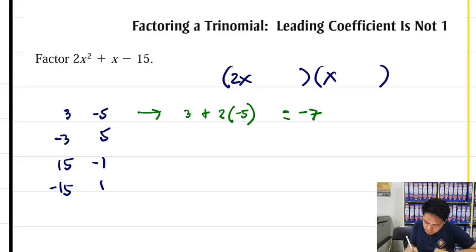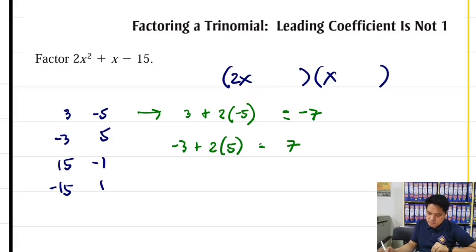Okay, how about here? If negative 3, plus 2 times 5. The answer is 7. So, di rin pwede.